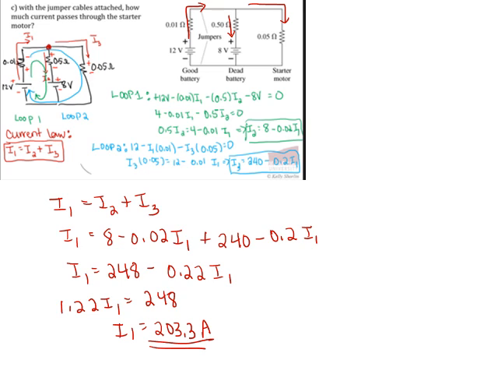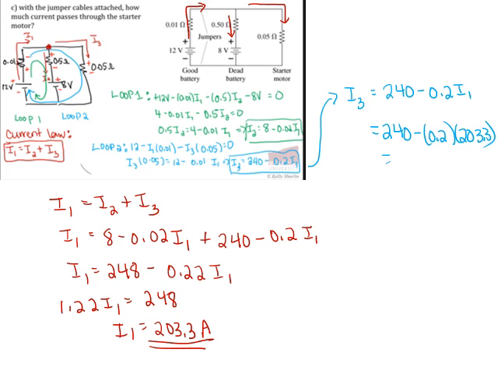So from our loop 2 equation, I3, the current through the starter motor, is equal to 240 minus 0.2 times I1. So 240 subtract 0.2 times 203.3.